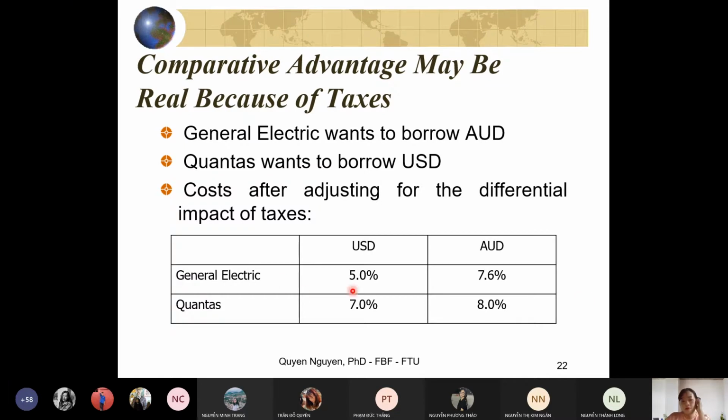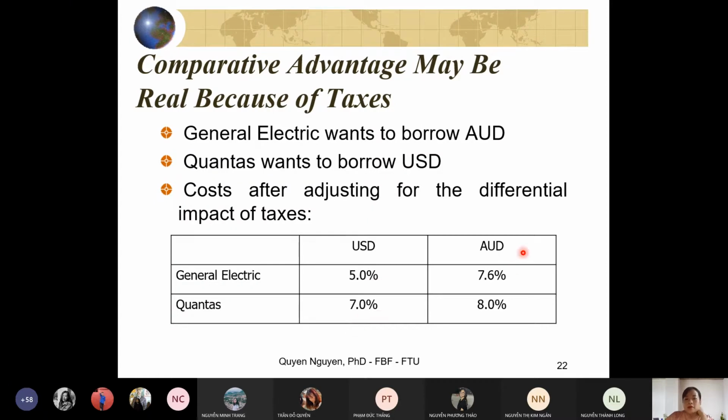So over here, if we establish the same argument regarding the comparative advantage, then these are the percentage rates offered to both General Electric and Qantas. For USD, GE will be offered 5% and Qantas will be offered 7%.